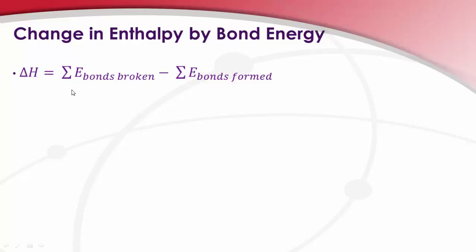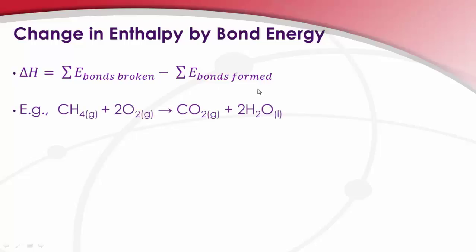So what we can do is say that the enthalpy change will be the sum of the energy we have to put in to break the bonds minus the sum of the energy that will be evolved when the bonds are formed. So if we take our example of combusting methane to form carbon dioxide and water, we can sum up the energy from the bonds broken.